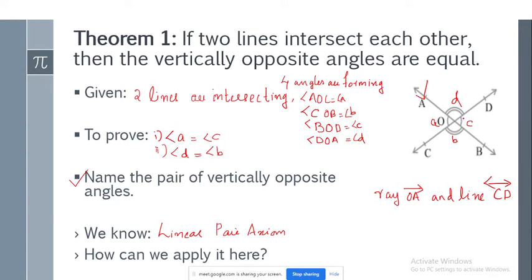So, you have the ray OA here, you have a line CD here, and axiom 1 of the linear pair axiom says that if a ray is standing on a line, then the sum of the adjacent angles is 180 degree. So, as Vasanta has stated, this will be angle AOC plus angle AOD is equal to 180 degree.